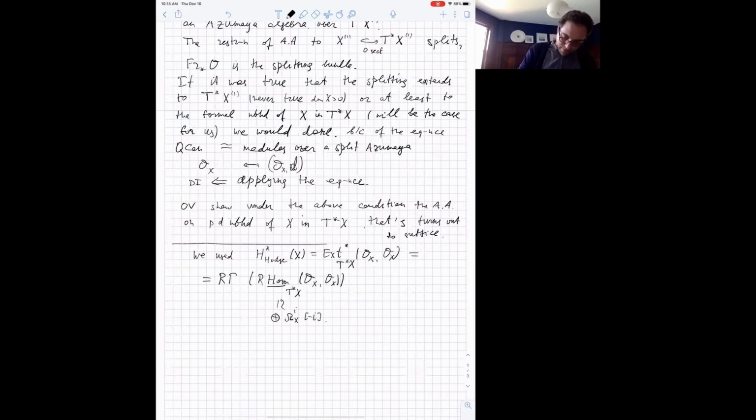So basically we have this Hodge thing, we have forms sitting in the right degrees.